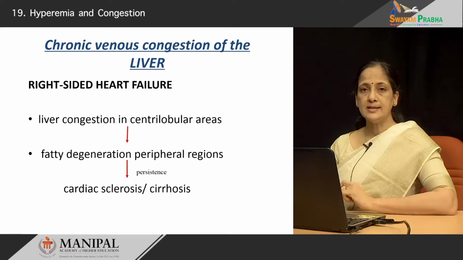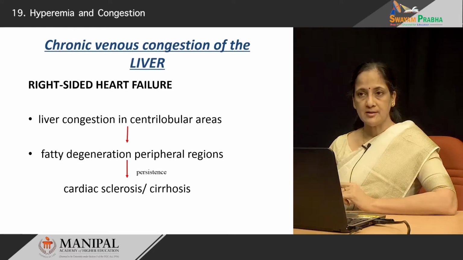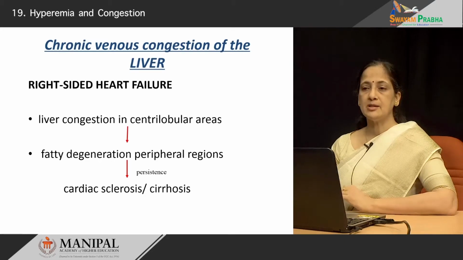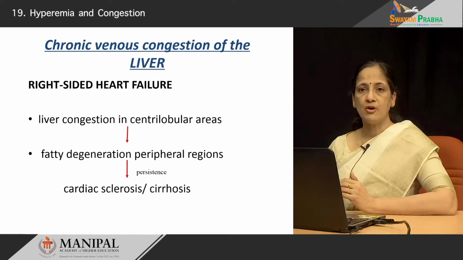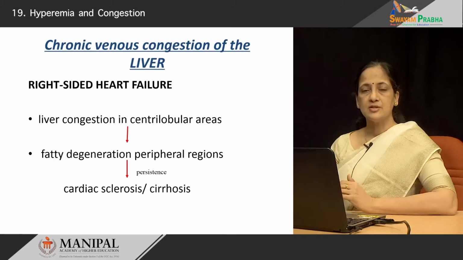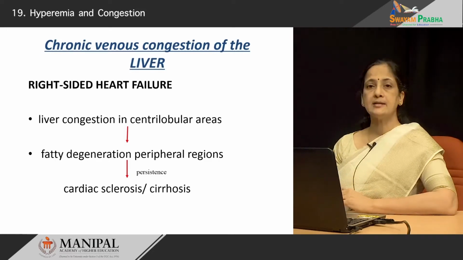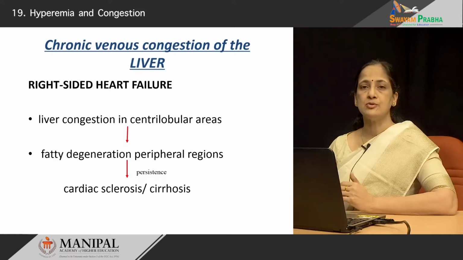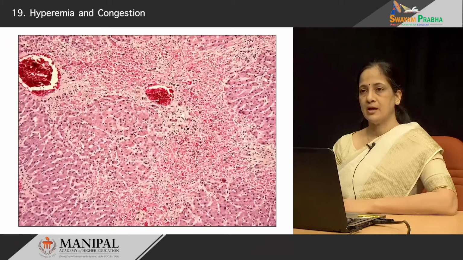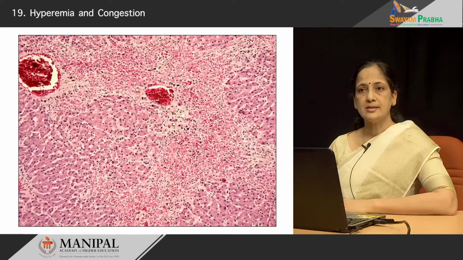So, in long standing chronic venous congestion, the hemorrhagic infarction in the area of the central vein will result in the formation of fibrosis and subsequently results in the formation of cirrhosis. This is also known as cardiac cirrhosis, as it is occurring due to heart failure. So, what do we see in chronic venous congestion of the liver?